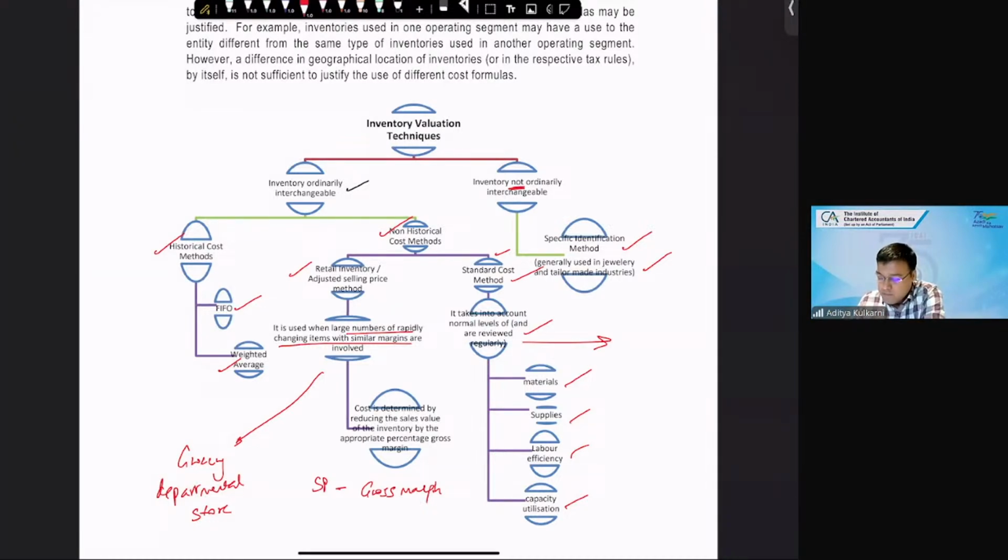So what does it do? Takes into account normal levels of material, supplies, labor efficiency, capacity utilization. You arrive at the standard cost. That standard cost will be the cost of that inventory. You don't have to remeasure the inventory cost again and again. But you will monitor the standard cost regularly.